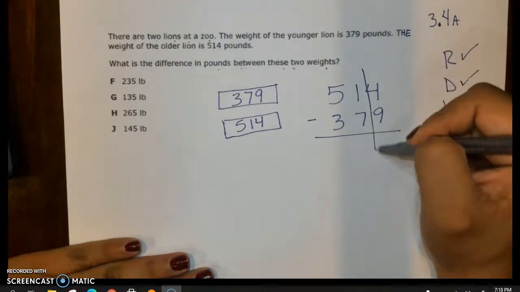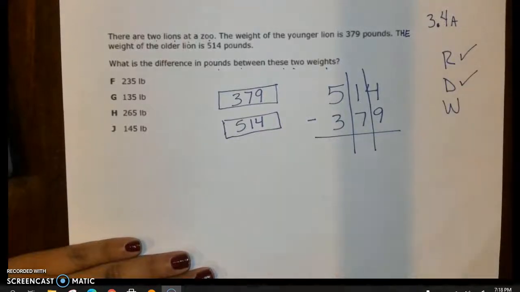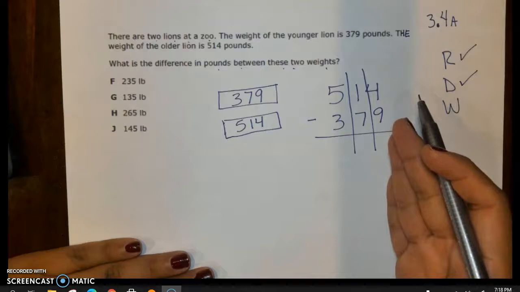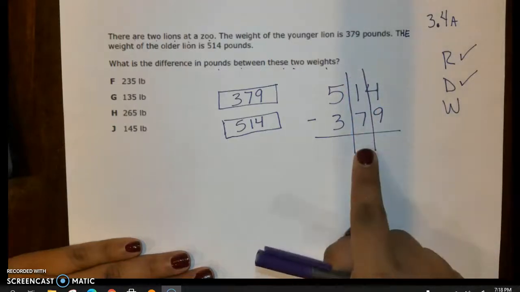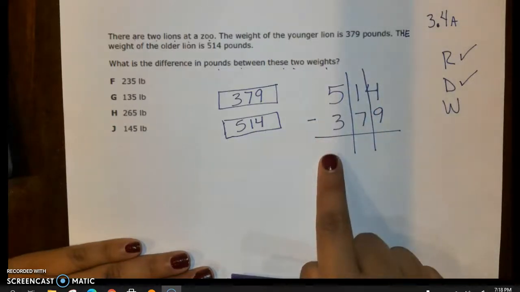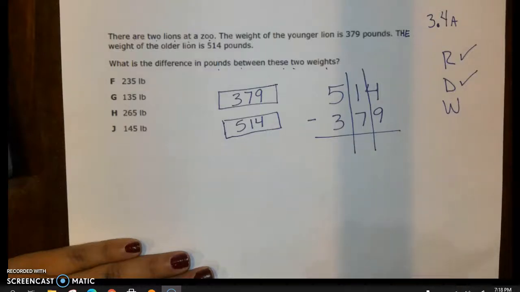Some students also draw lines to make sure that all their numbers are in the correct place value. Their ones are lined up, their tens are lined up, as well as their hundreds are lined up. We don't want anyone in the wrong place value.